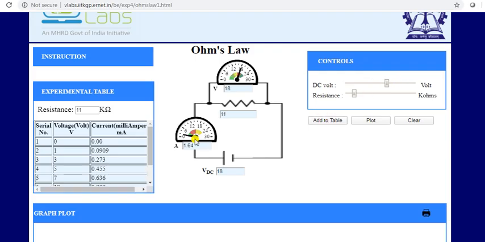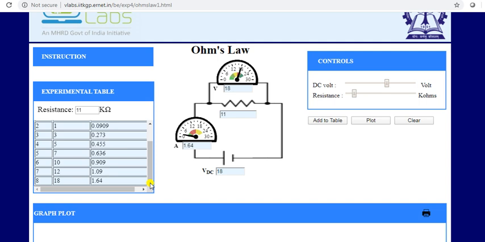As we all know that we can increase our DC voltage from 0 to 30, so we will make a list of around 10 values. So all is good. Now the resistance value is 11 kilo ohm, and we have made an experimental table for different values of voltage and current.